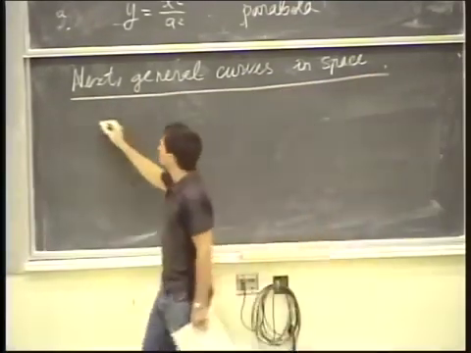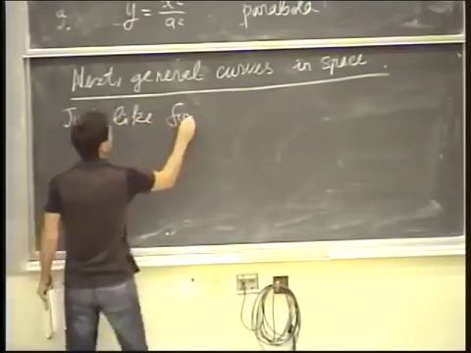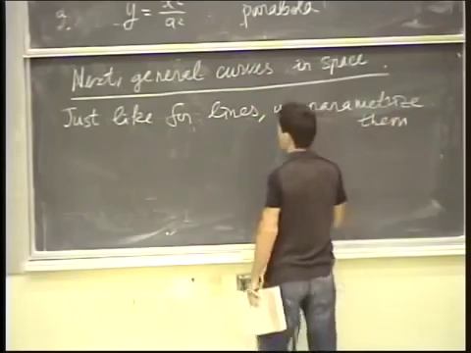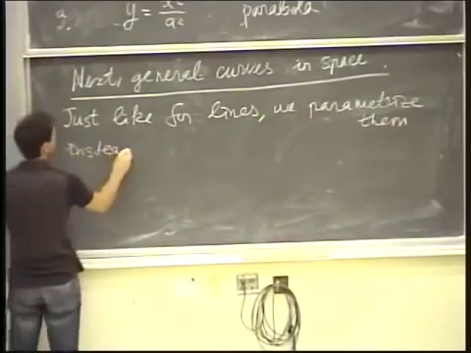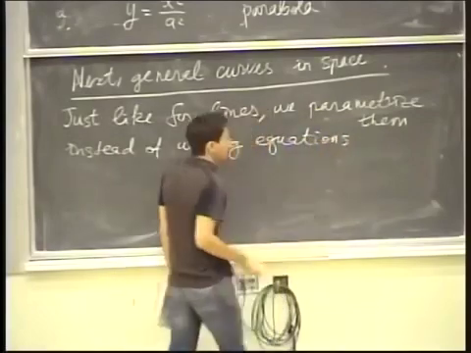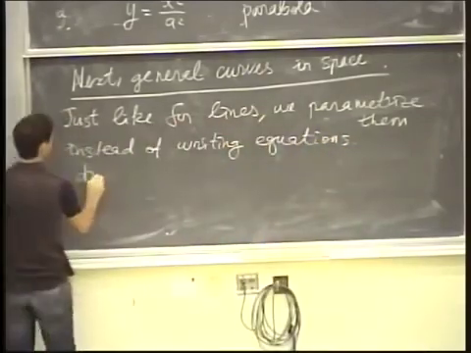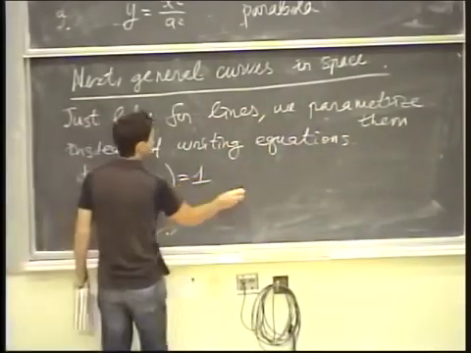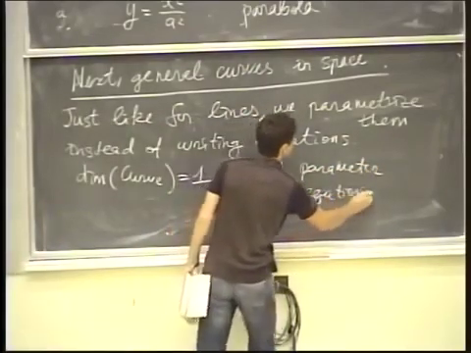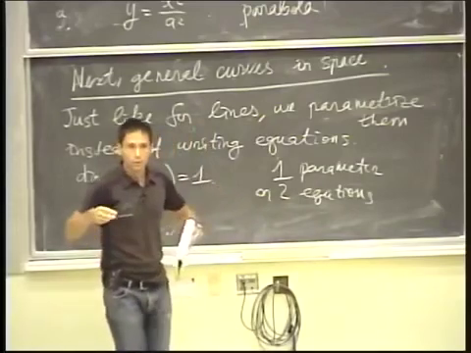And again, just like for lines, we parameterize them instead of writing equations. Because now the dimension of the curve is 1, right? So that means we need one parameter, but two equations, because the curve lives in three-dimensional space.